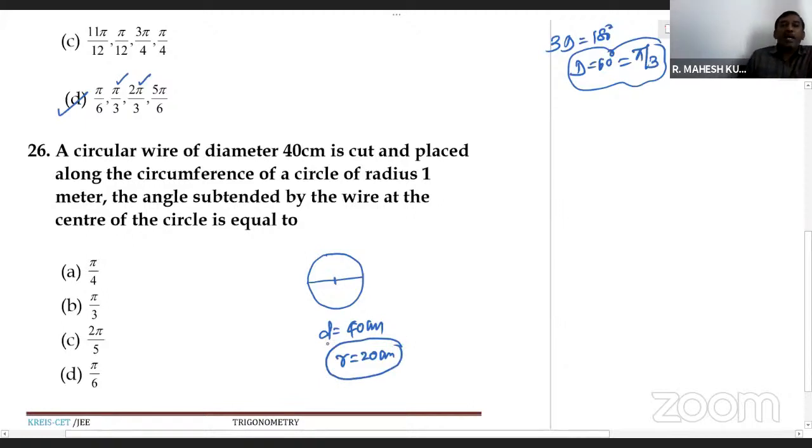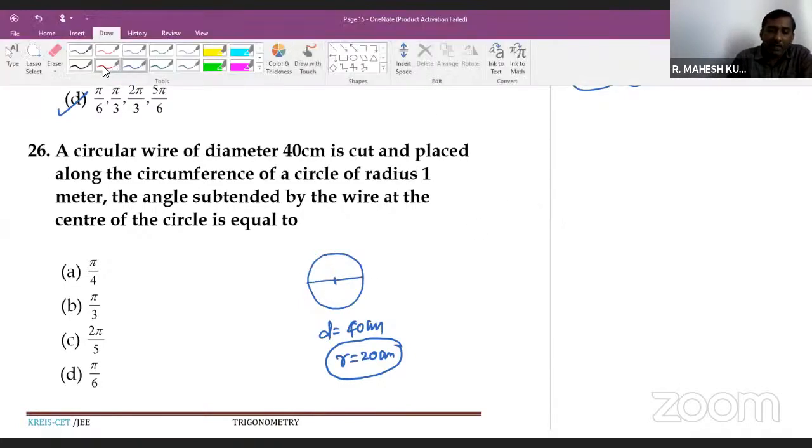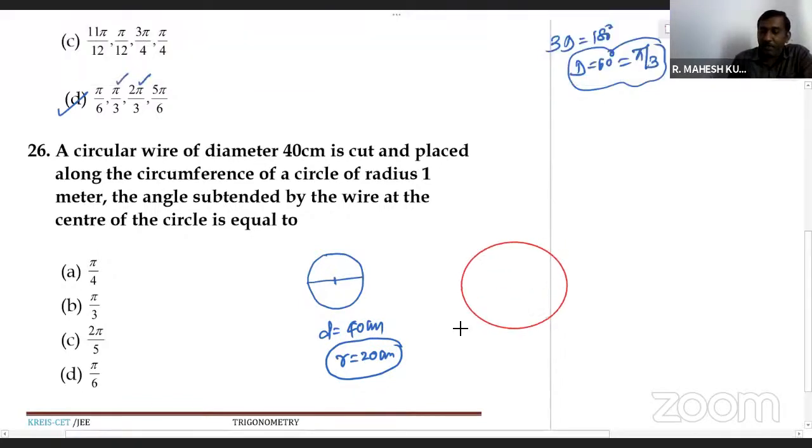It is cut and placed along the circumference of a circle of radius 1 meter, right? So you are cutting it and placing it along the circumference of a circle of radius 1 meter.